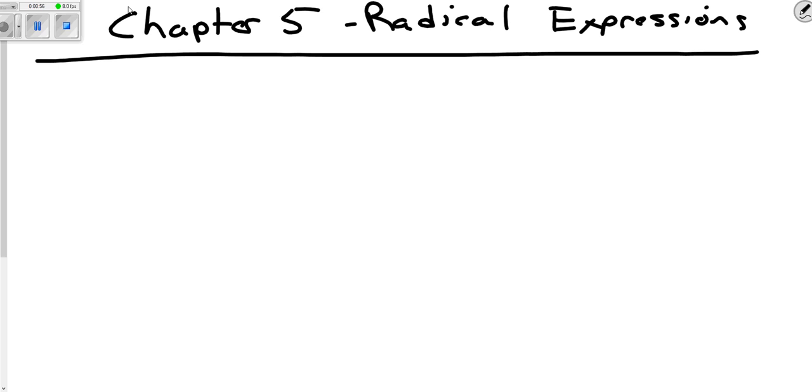Working with radicals, we did this in Foundations 20. A radical, remember, is anything like this, with the square root sign.